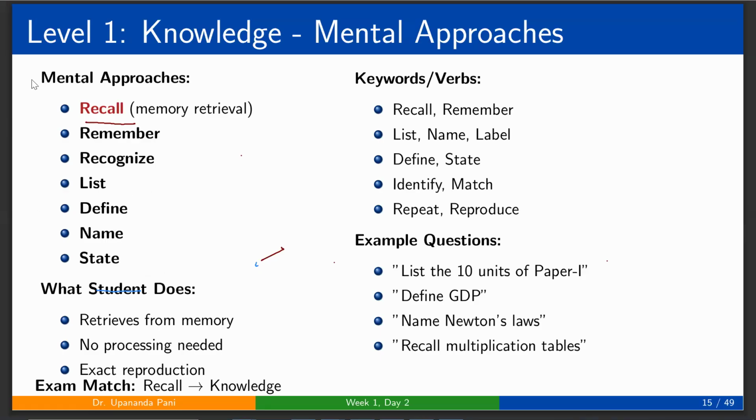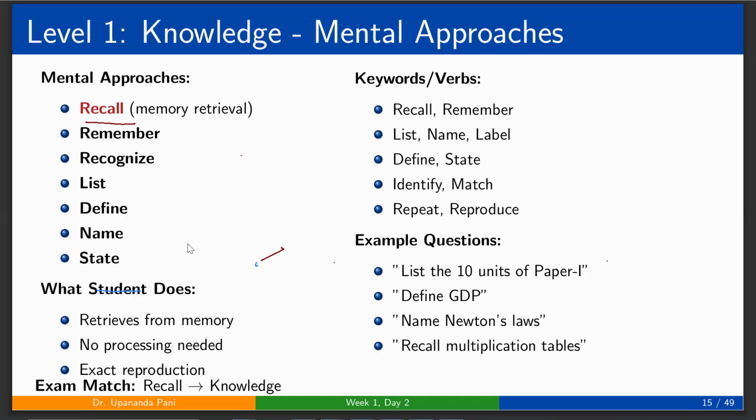These are the different mental approaches, right? And this is level one learning. What a student does here is just retrieve from memory. There is no processing needed, and we have exact reproduction.